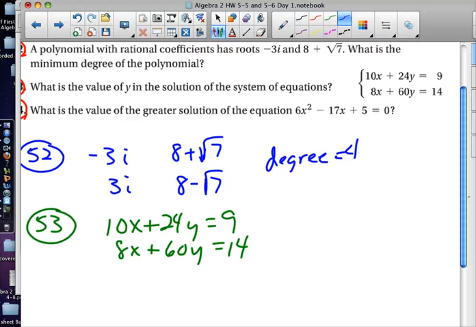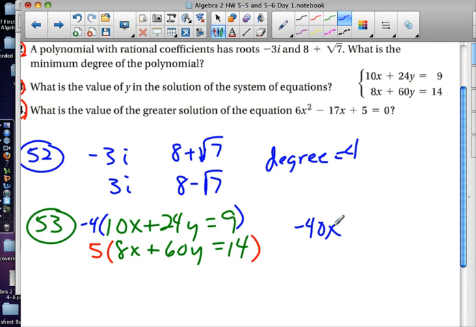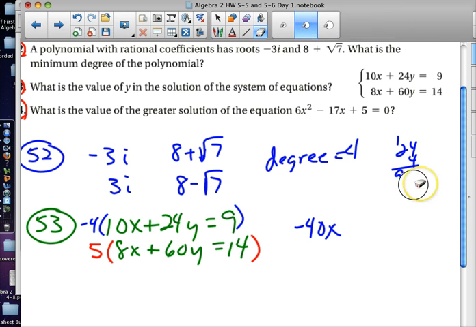So I'm looking at the 10 and the 8, and I'm thinking, you know what, I'm going to multiply this top equation by -4, and that will give me -40x. If I multiply the bottom one by 5, well, then I'll have a positive 40x, and those will drop out. So top equation gets multiplied by -4, and we get -40x, and then we have 24 times 4, which is 96. Let me rewrite that up here.